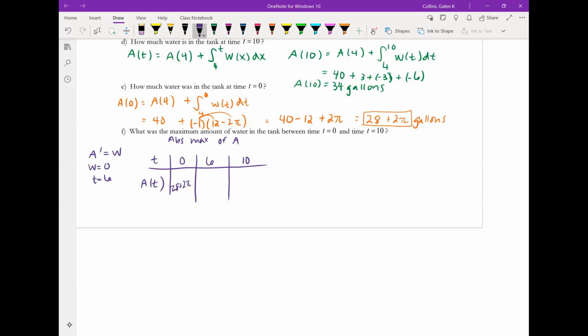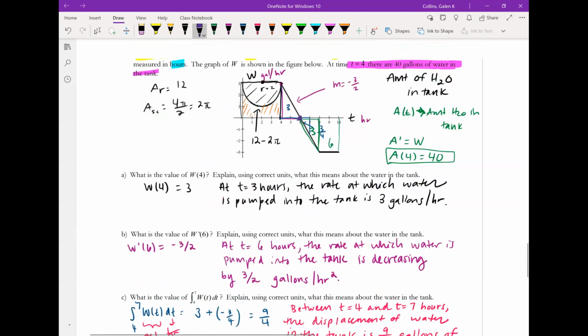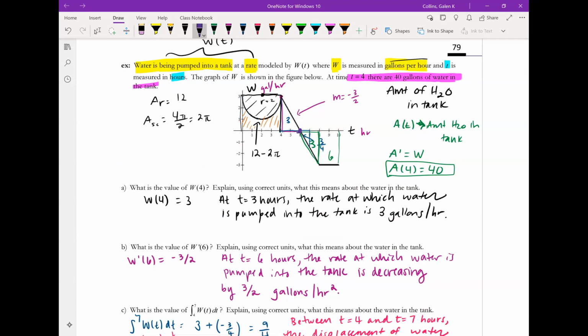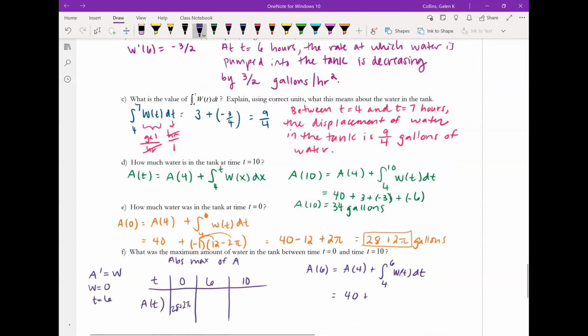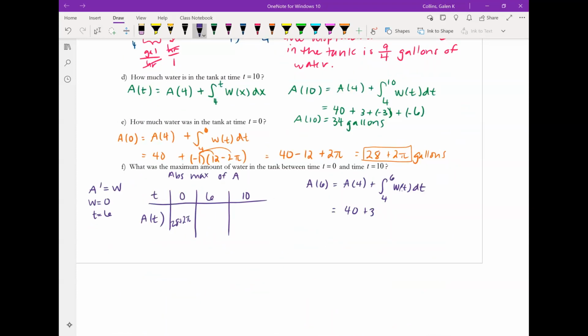So when t equals 6, we could use our accumulation function and we could start with, we know when t equals 4, there are 40 gallons of water in the tank. And from 4 to 6, we're adding 3 gallons. So 40 plus 3 gives us 43.